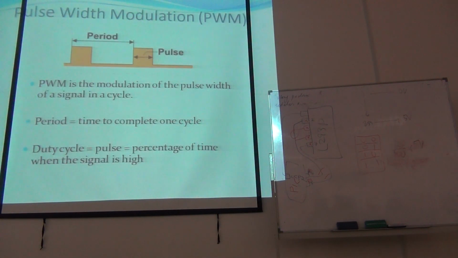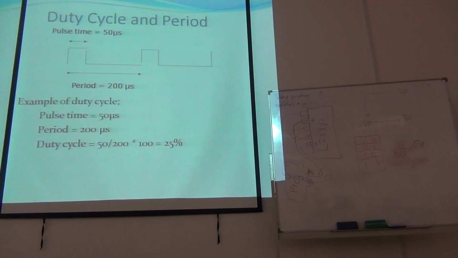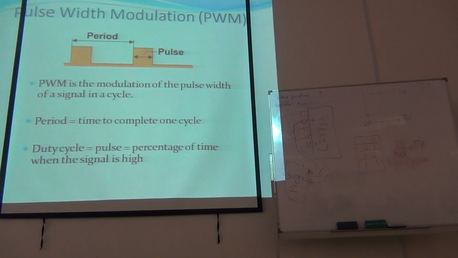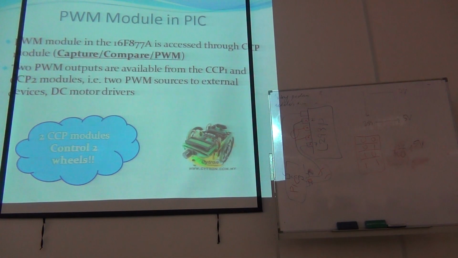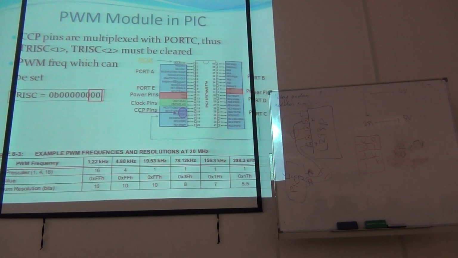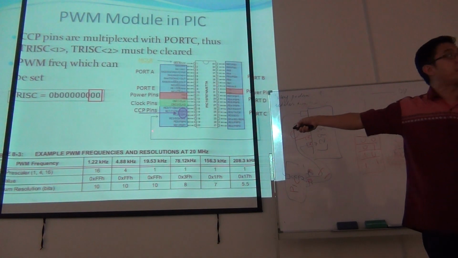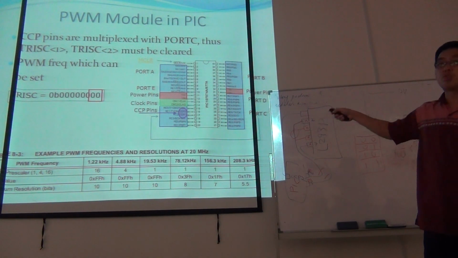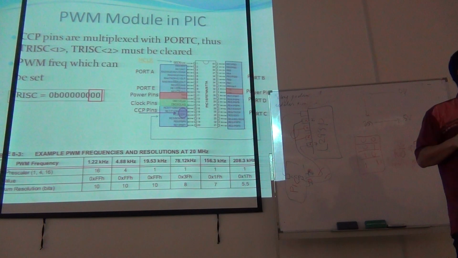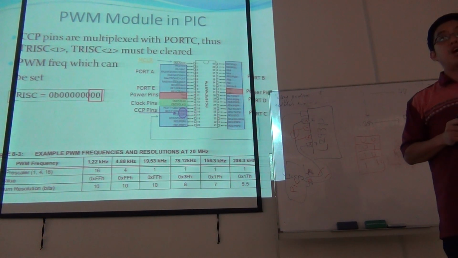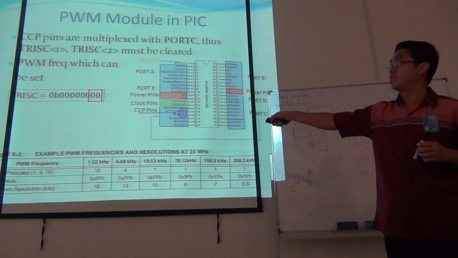So again, the terms. Back to the picture again, CCP1 and CCP2, this is the name of the pins. If you want to give a signal out, you must declare this pin as output. That's why you have the TRISC statement.